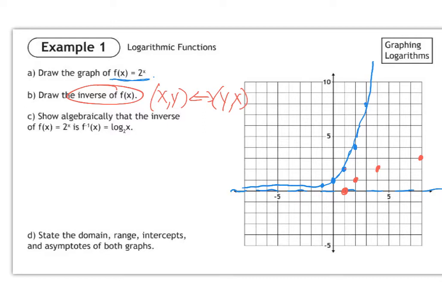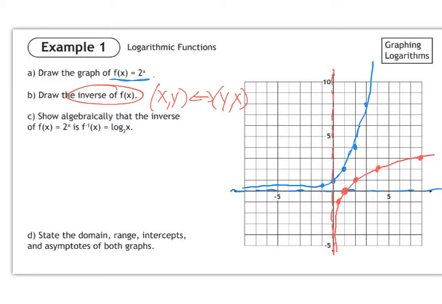And then the negative side, the only point I really did was a half. So negative 1, a half is going to become a half, negative 1. And then instead of y equals 0 for an asymptote, we are going to have x equals 0 for an asymptote. So we're going to have a vertical asymptote instead.